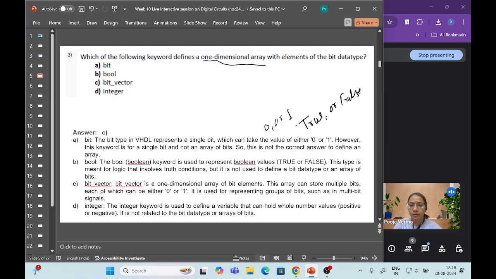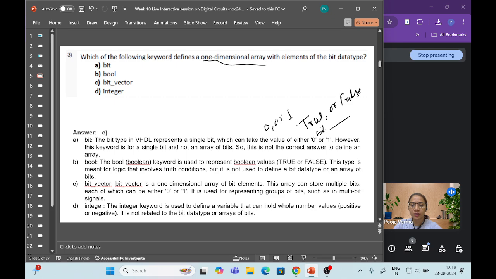Now the next one is bit vector. A bit vector is a one-dimensional array of bit elements. This array can store multiple bits, each of which can be either 0 or 1. It is used for representing a group of bits. And integer is a keyword used to define a variable that can hold a whole number, positive or negative.